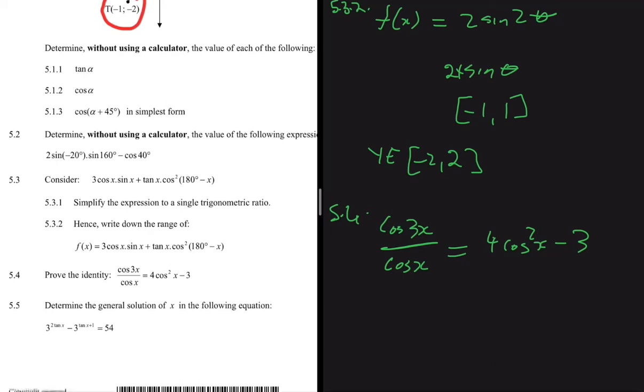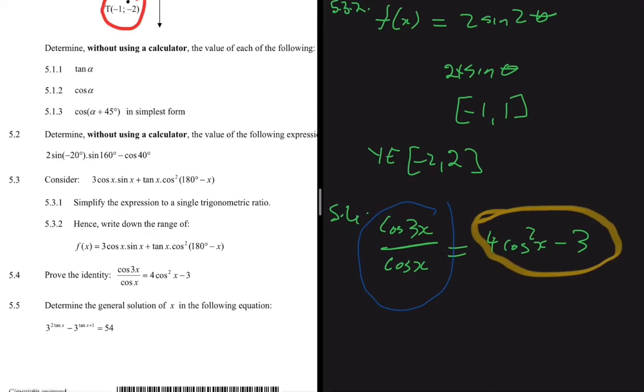If you pick the side that is more simple, then it's very difficult to complicate it. So which side is complicated between the two sides? The left hand side is more complicated, right? We have a division there. It will be very difficult to produce a division from this expression.